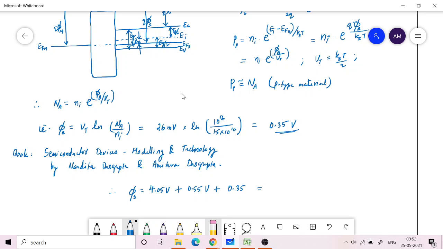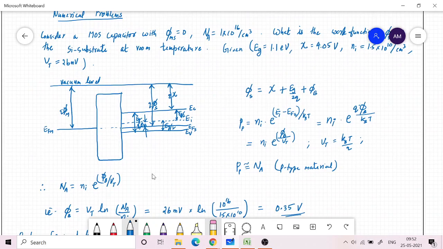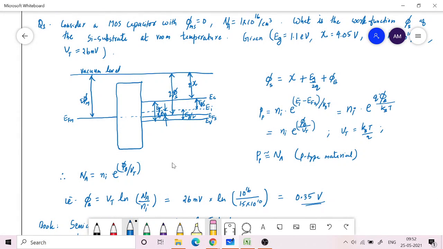If you add all of this, you will get 4.95 volt. So in this diagram, the work function for the metal as well as the semiconductor is going to be Q into 4.95.